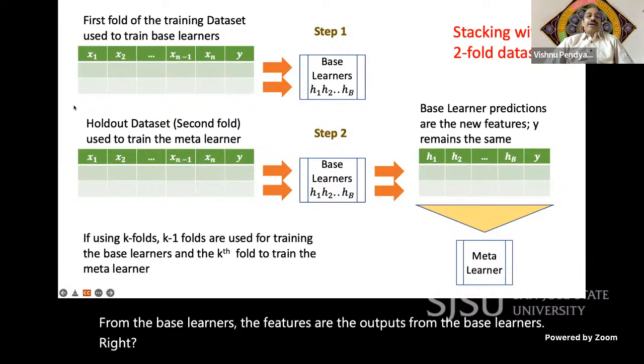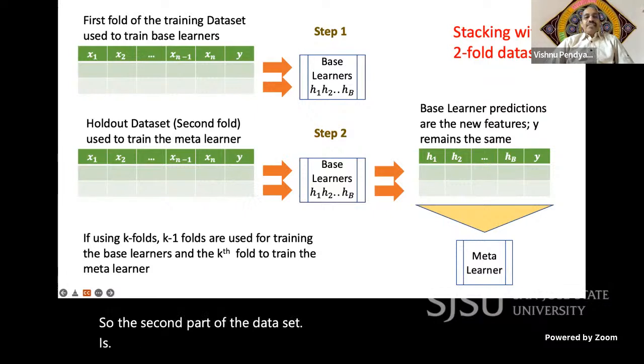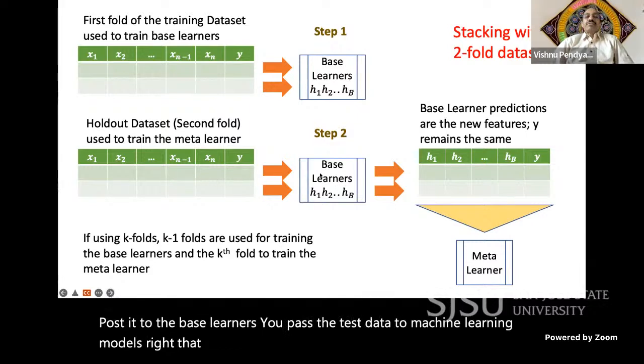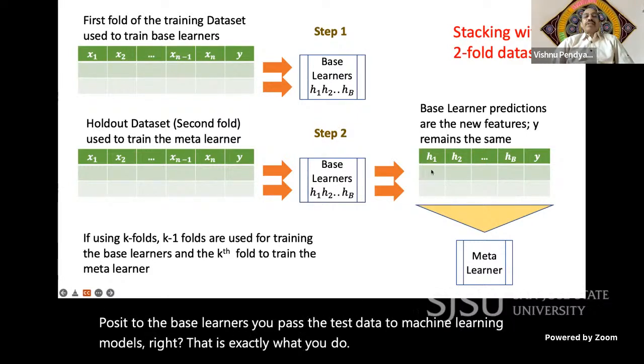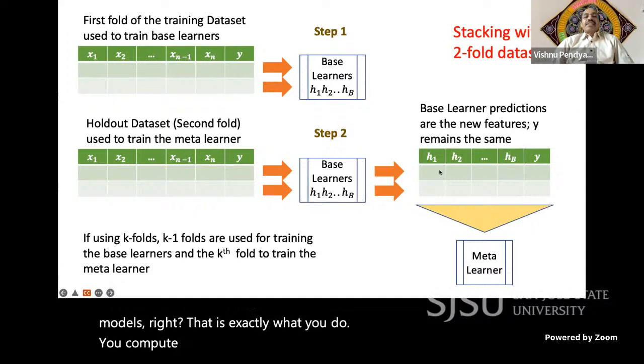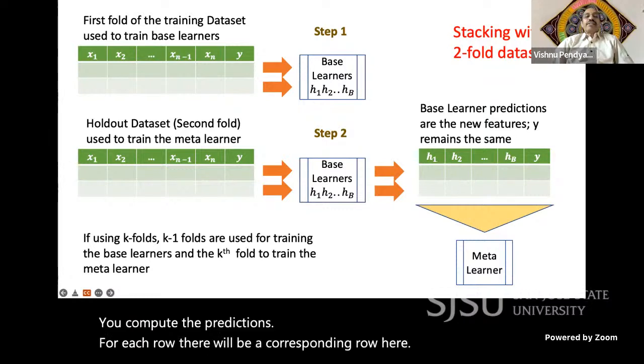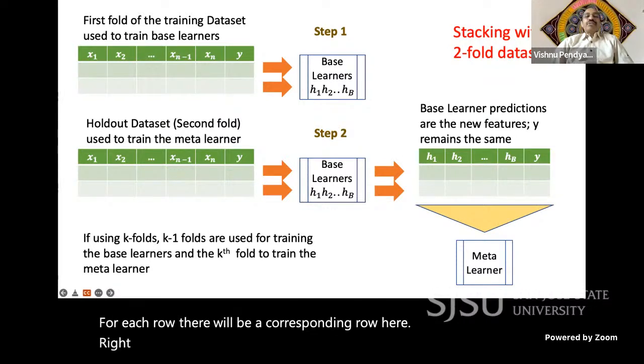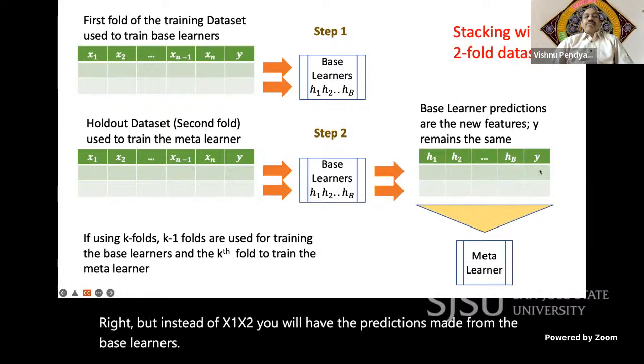So the second part of the data set is passed to the base learners, like you pass the test data to machine learning models. That is exactly what you do. You compute the predictions, and for each row, there will be a corresponding row here, right? But instead of x1, x2, you will have the predictions made from the base learners, but the y value will be the same.